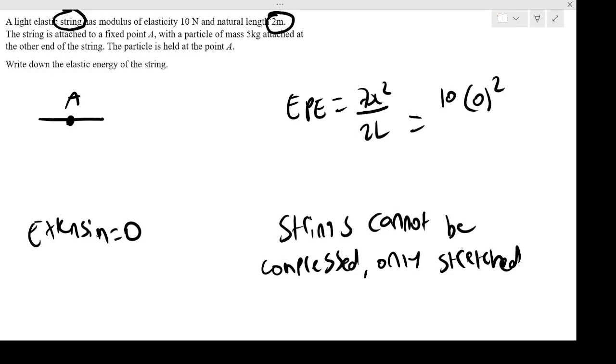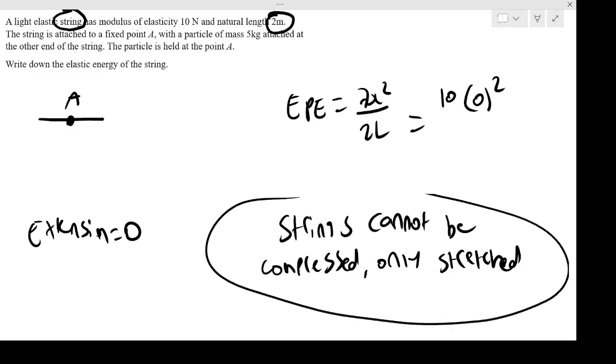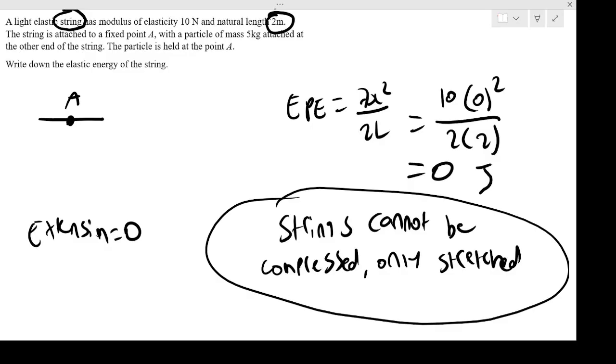So there's no extension here. Strings cannot be compressed. There's no extension, there's no stretching. So that means x has to be 0 because the extension is 0. So very simply, this will go to 0. There is no elastic energy.